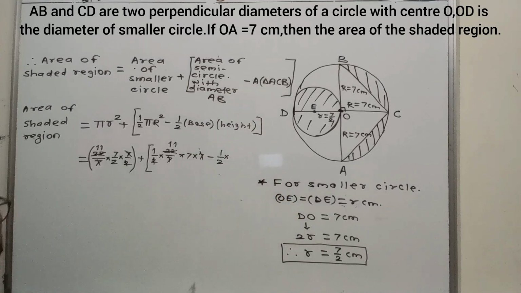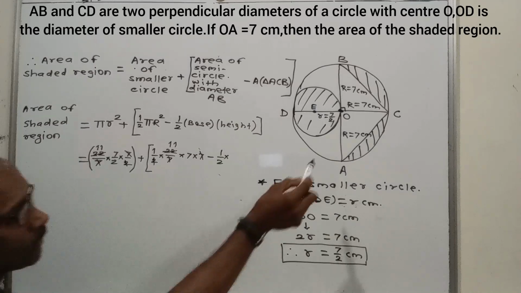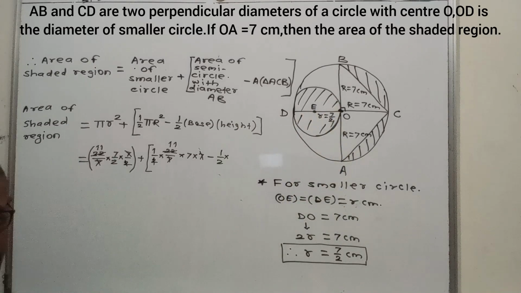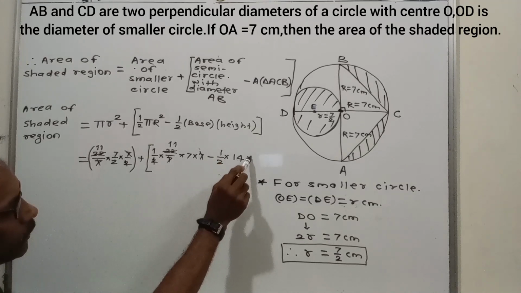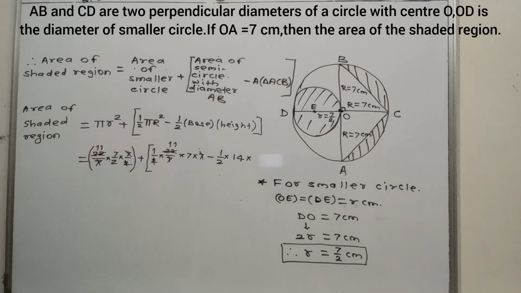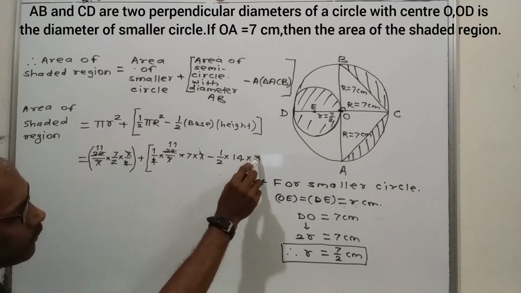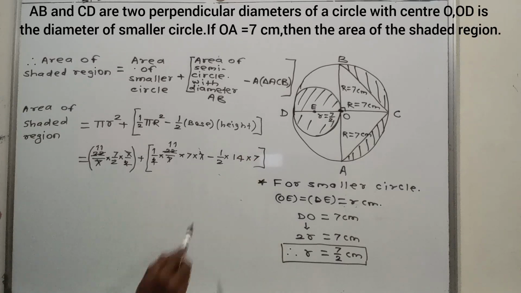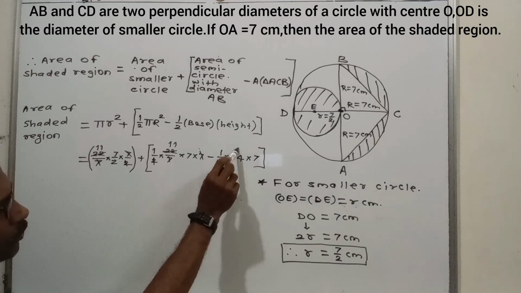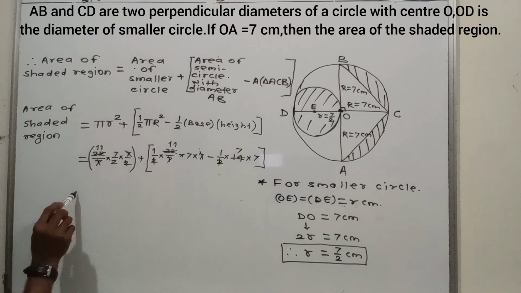What is the base? AB, and AB is the diameter, so R plus R, 7 plus 7, that is 14, and OC is the radius of the bigger circle, that is R, 7 centimeters.